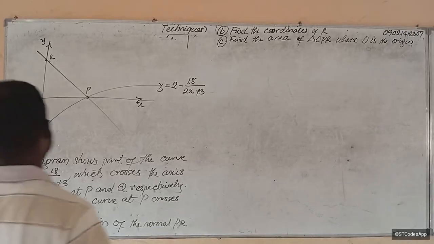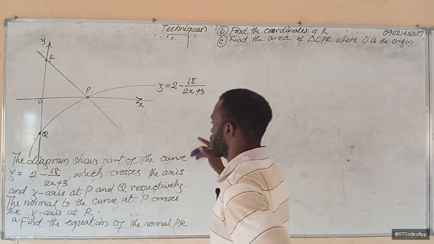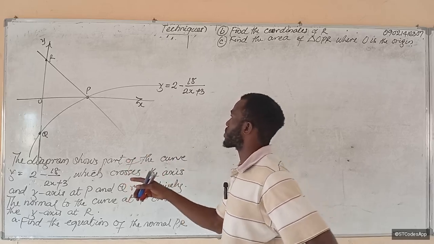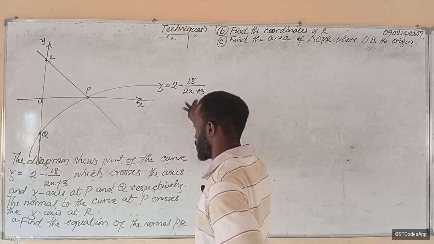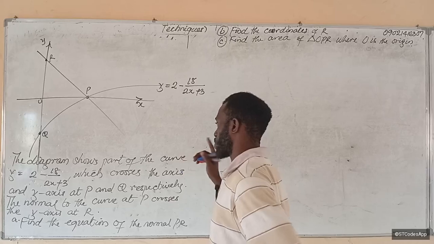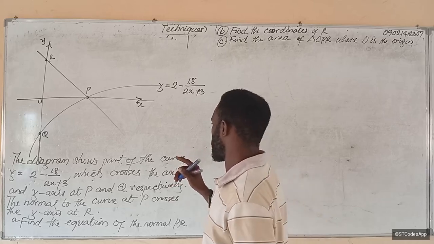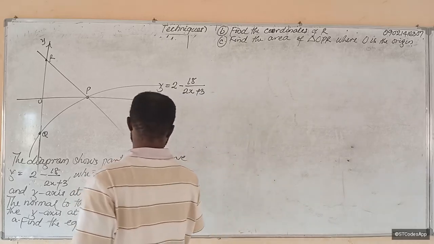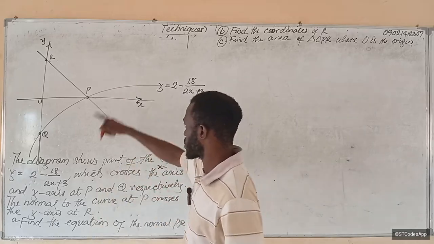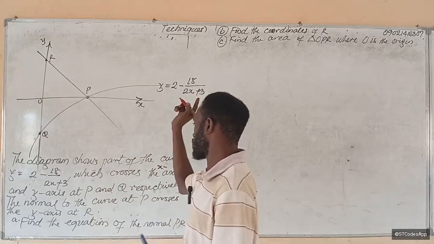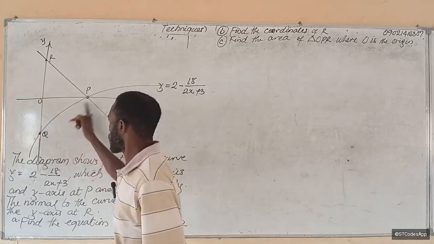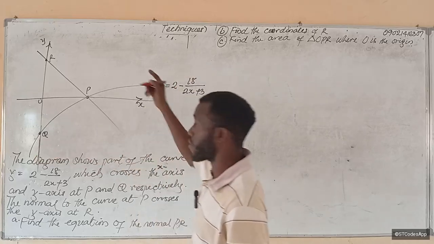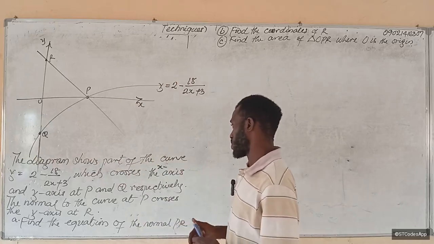Okay, this question now says, the diagram shows part of the curve y equal to 2 minus 18 over 2x plus 3, which crosses the x-axis and also the y-axis at P and Q. You can see that this is our curve, and it cuts the x and y-axis at those points.